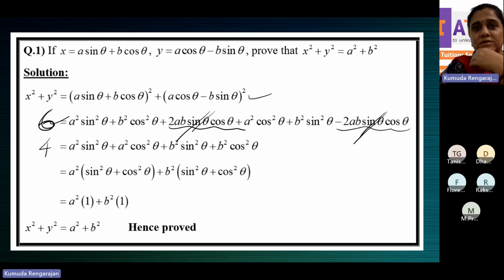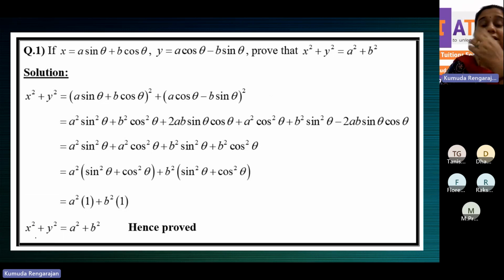Now, in these 4 terms, you can either take out a square common, or b square common, or sine square theta, cos square theta common. So see here, if you group this one and this one, a square is common. This one and this one, b square is common.